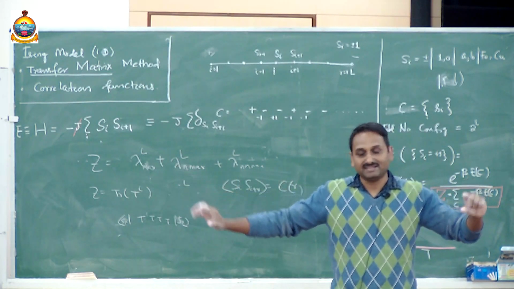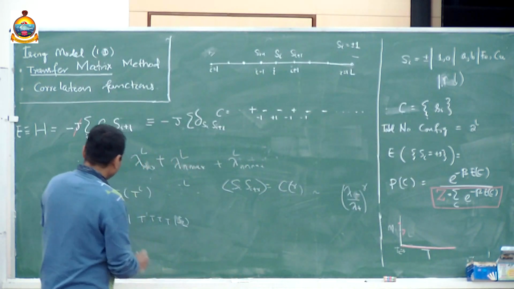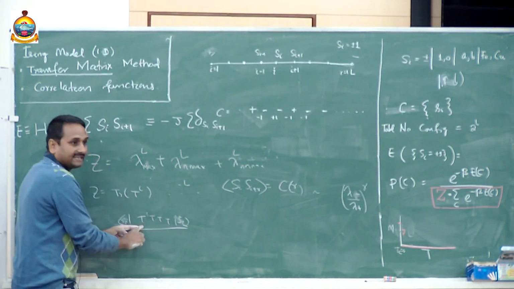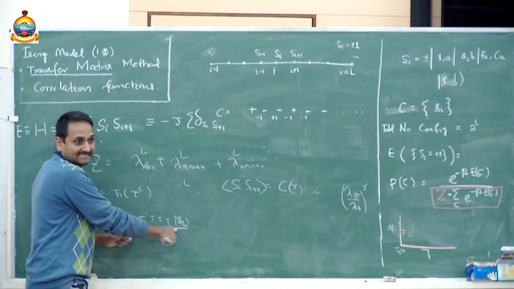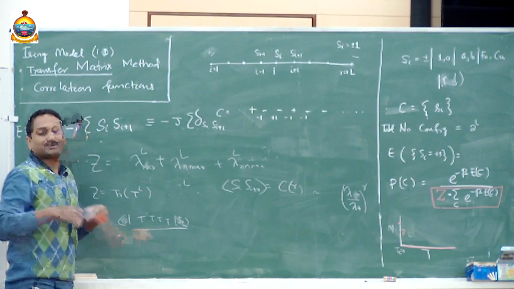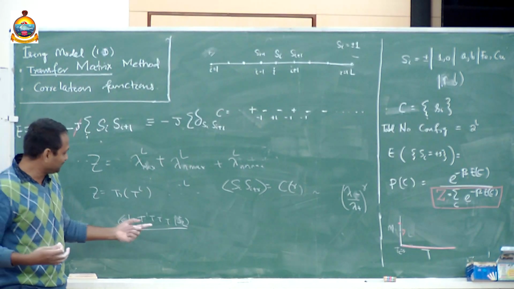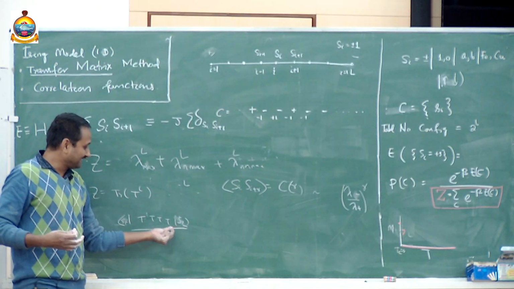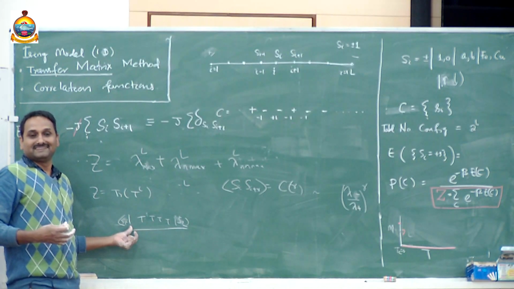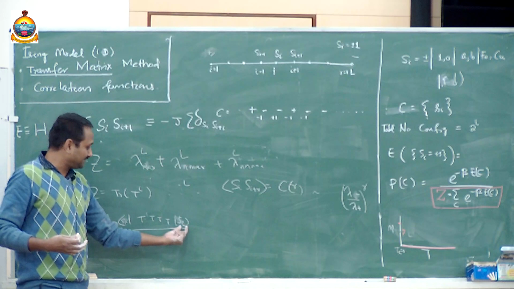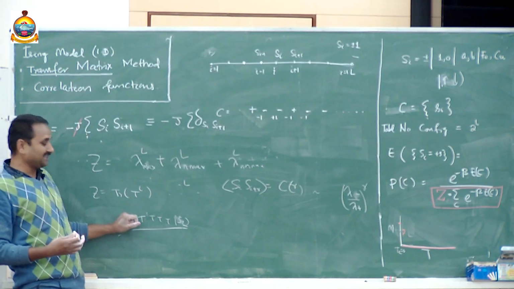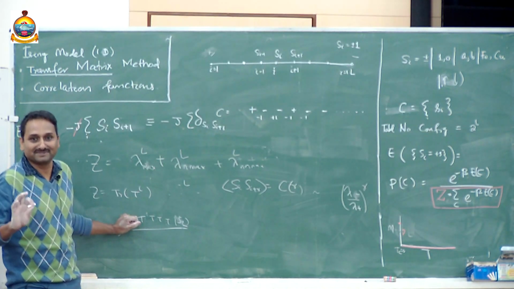So what you get is a partition function. At each space point you have a matrix T. If you drop that idea, you just think of one vector and time, and then this is the evolution of the vector with time.